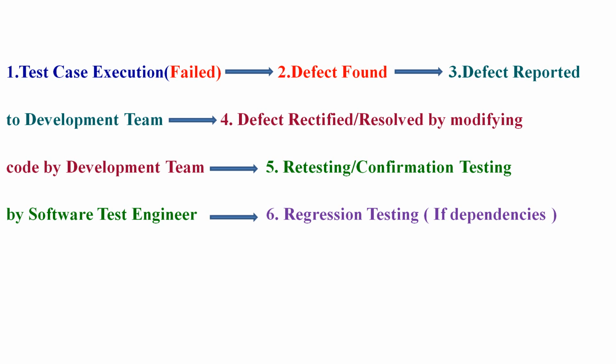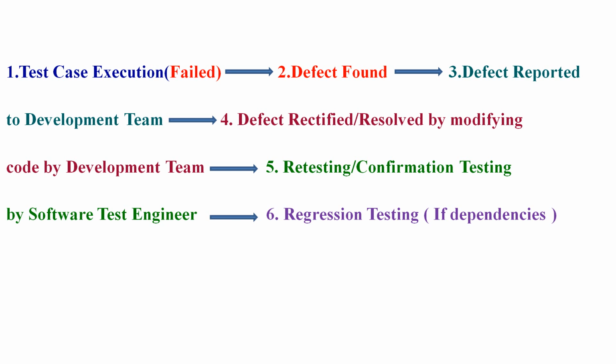And once that defect is rectified or resolved, the concerned software test engineer, that means the software test engineer who has found the defect and who has reported the defect, has to do retesting. For what purpose?